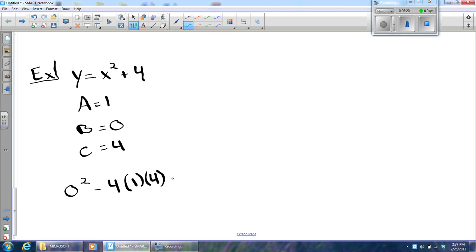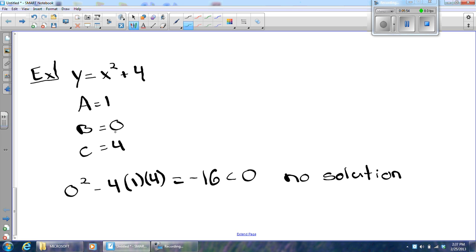And when we evaluate that, we get negative 16. And this negative 16, that is less than 0, which means there are no solutions. The numbers tell us how many solutions there are going to be. No solution.